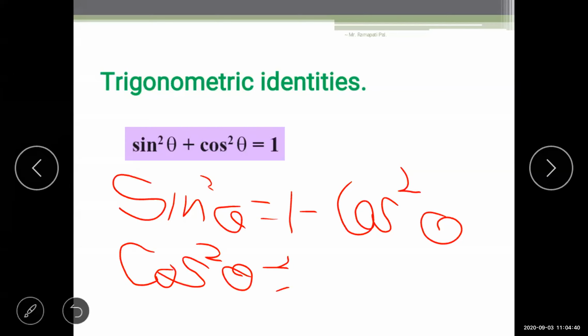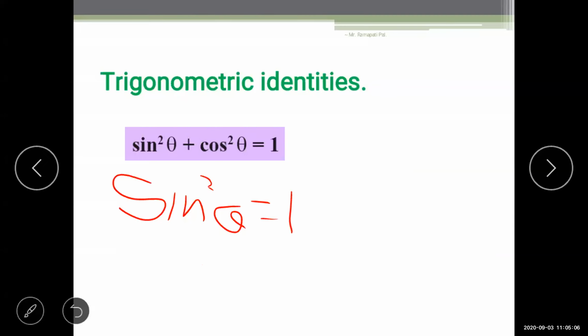Sure. Again I am repeating. Sin square theta plus cos square theta is equal to 1. Now suppose you are taking cos square theta to the right side, then it will become sin square theta is equal to 1 minus cos square theta, or cos square theta is equal to 1 minus sin square theta. Is it clear?